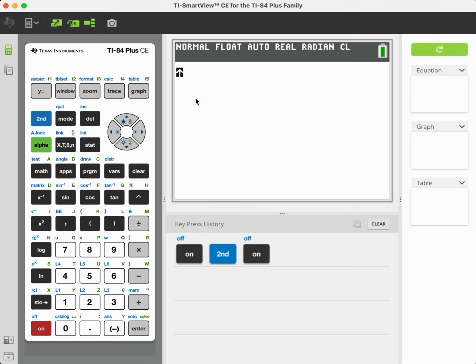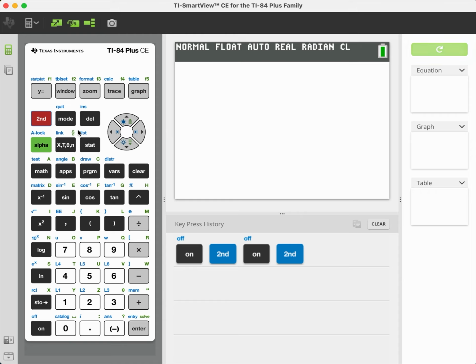That tells me that the last operation that my calculator recognized was that second button, which gives you the word or operation that's above a button. If I want the second button to go away, maybe I pressed it by accident, then I press the second button again, and that turns that operation off.